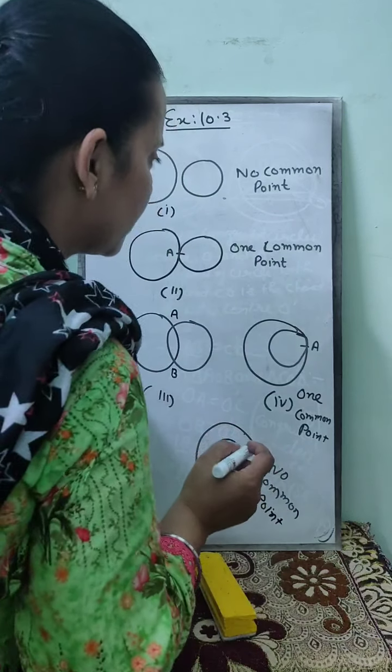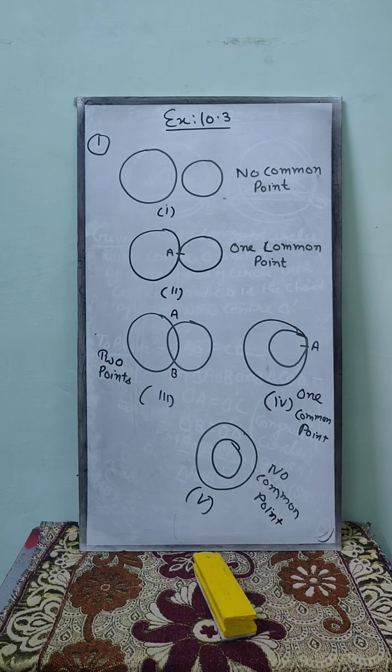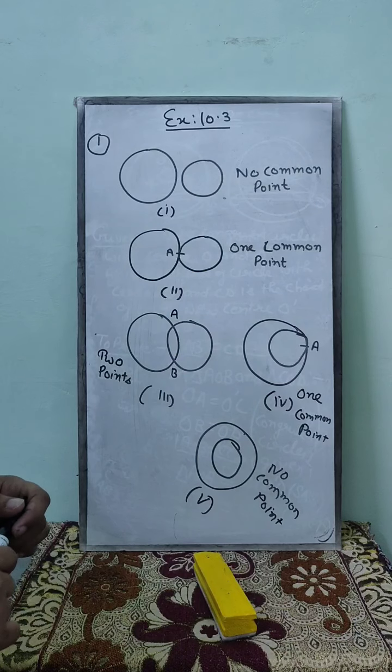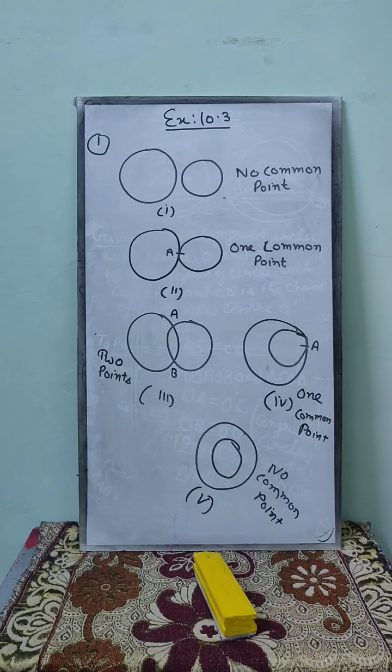These 5 diagrams are expressing the location of two circles with common points. Clear? Give a 1 minute review to this sum thoroughly.